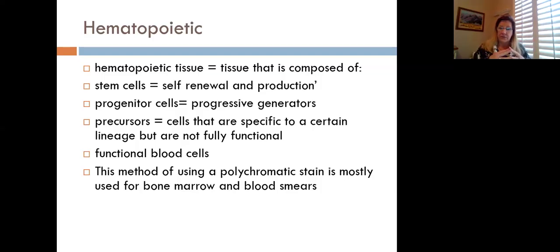Then we have precursor cells, and these cells are specific to a certain lineage, meaning here I'm going to be a red blood cell, but I'm not quite a red blood cell yet. I'm still sort of waiting in the background until it's my turn to become a red blood cell. And then we have functional red blood cells. So again, when we talk about hematopoietic, we're talking about blood smears and we're talking about bone marrows.